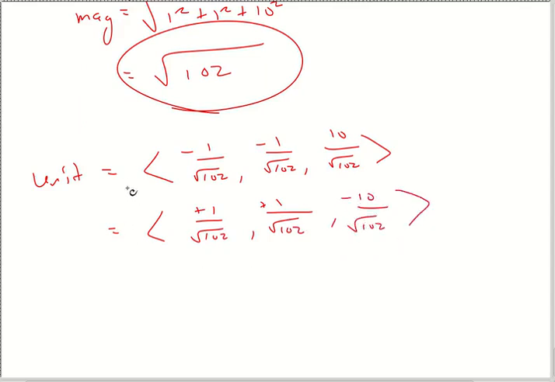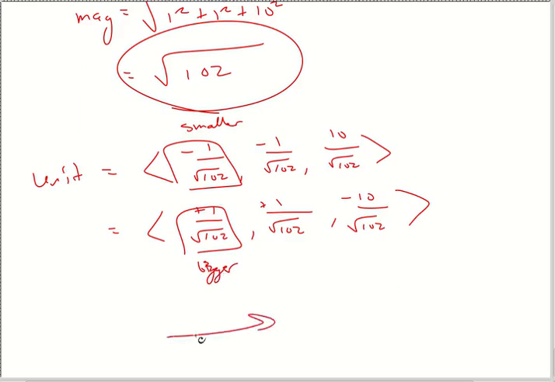And there's your answer. So technically, they're saying you have two boxes, you fill it all in. But this is your smaller I component, and this is a bigger one. Smaller and bigger is kind of deceiving. It's honestly more negative and more positive. That's how we're supposed to read it. So negative means smaller, positive means bigger, like on the number line.